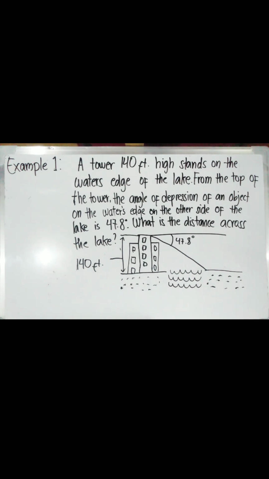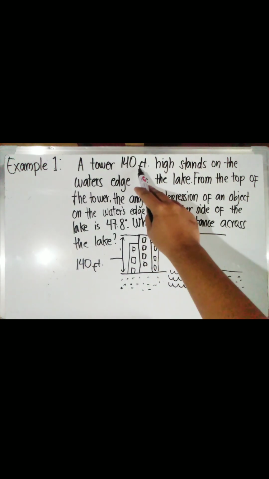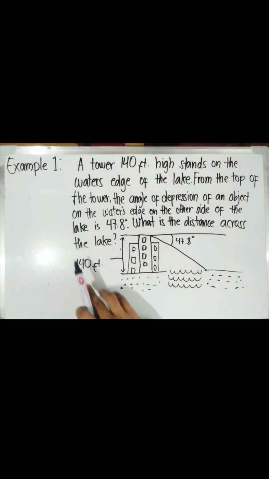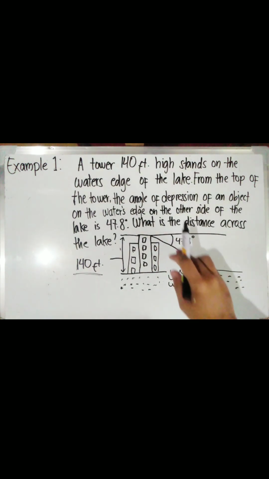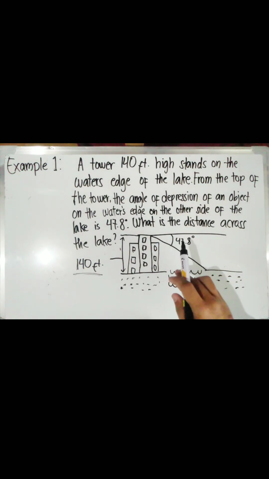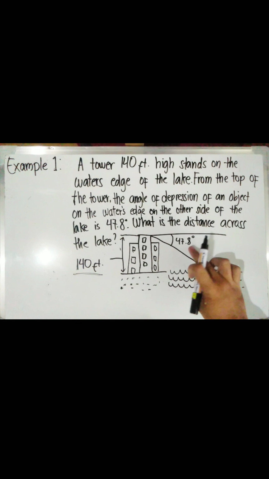So let us consider the drawing below. The building is 140 feet tall, and they said that the angle of depression on the water's edge on the other side of the lake is 47.8 degrees.